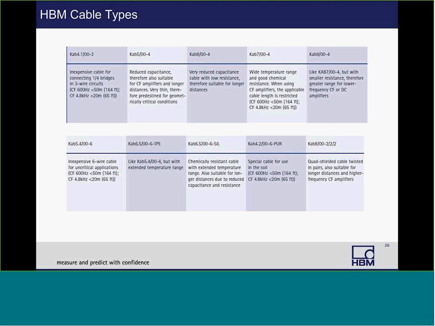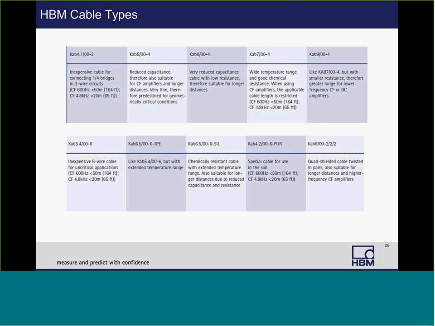You can see here the way our part numbering works is the dash number indicates how many wires are in the cable. On the top left, we've got a 3-wire cable for a quarter bridge circuit. The rule of thumb is the more noise immunity a cable has, the more the cable costs per meter.